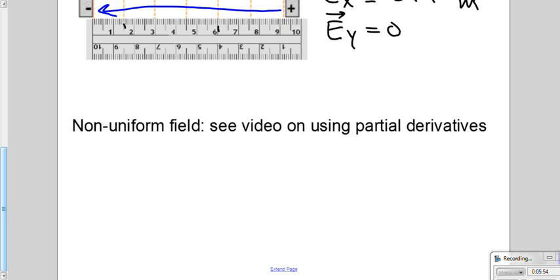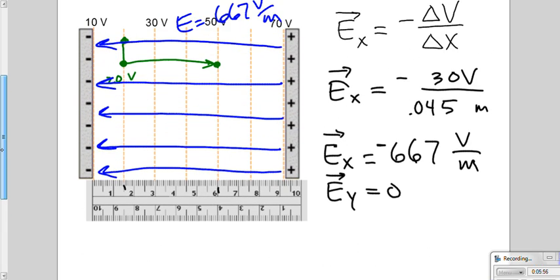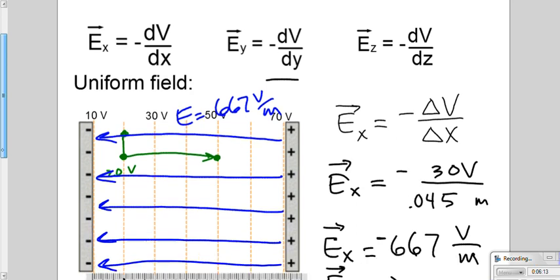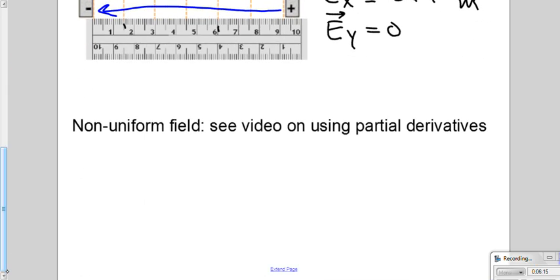And it uses the idea of partial derivatives, which is kind of like what I've shown up here. You just do three different problems. You take a derivative where x is your variable, a derivative where y is your variable, and a derivative again where z is your variable. So you just have three derivatives to do instead of one. It's not any harder than doing any other derivative. You just do it three times, and that's how you get the three components of your electric field.